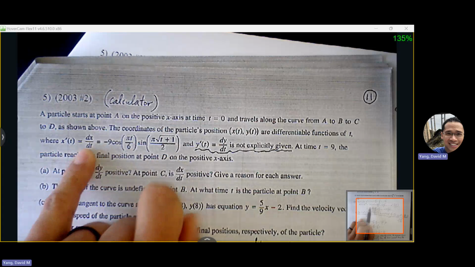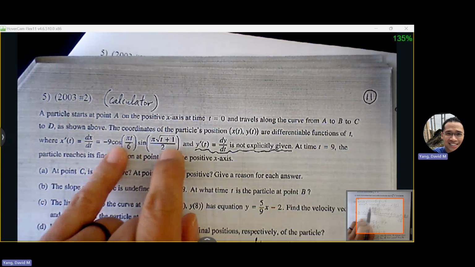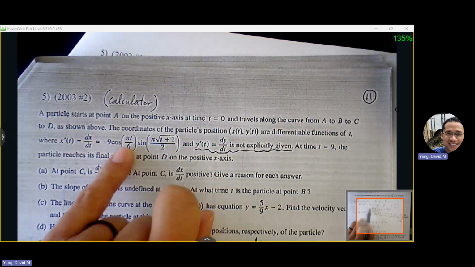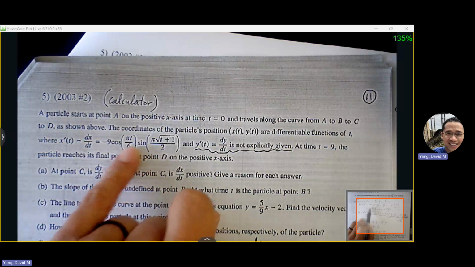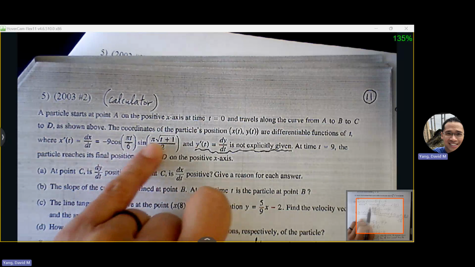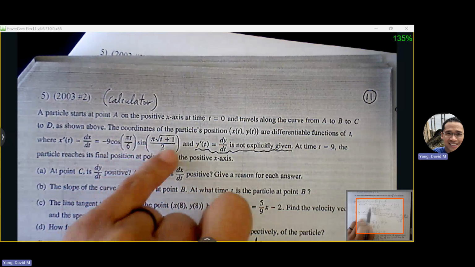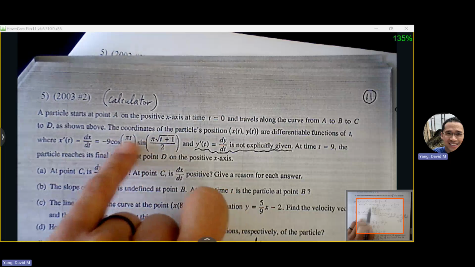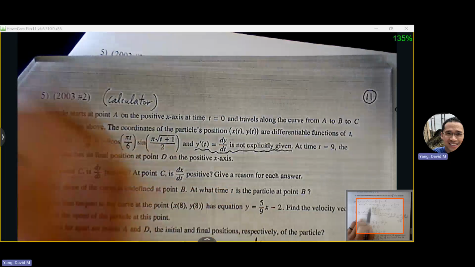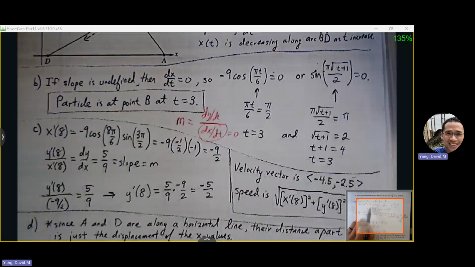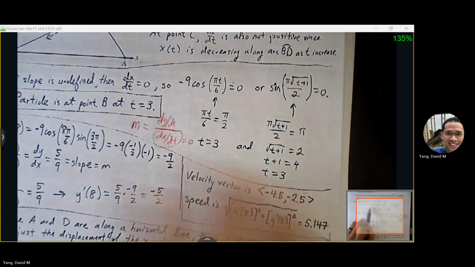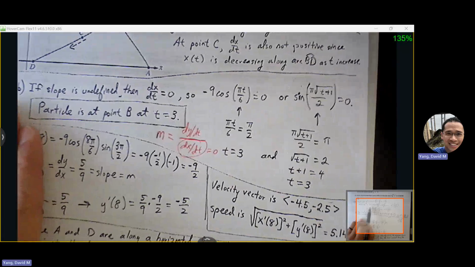And if I set dx dt equal to 0, I can basically set both factors equal to 0. These are basically two separate terms that are being multiplied. I can set that equal to 0, set that equal to 0, and see if I can find an agreement between the factors that will give me a t-value where both are zero.